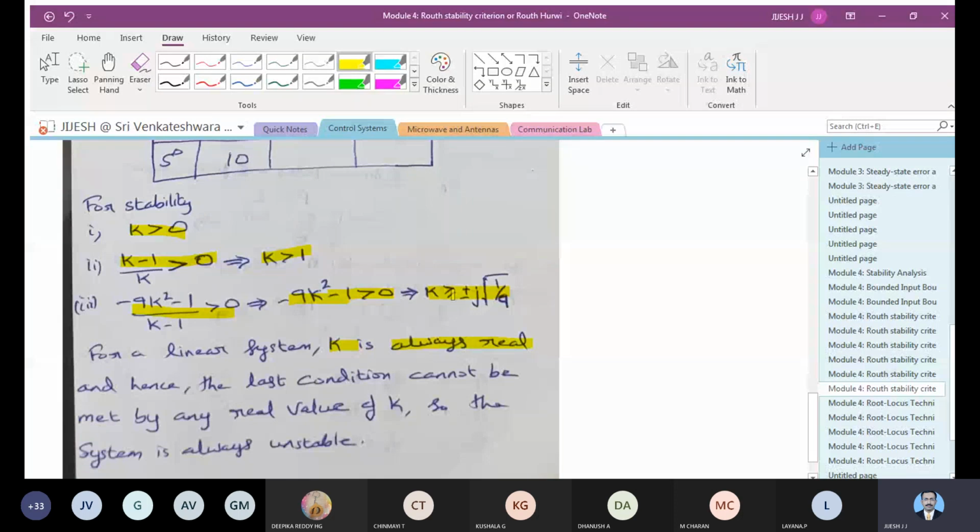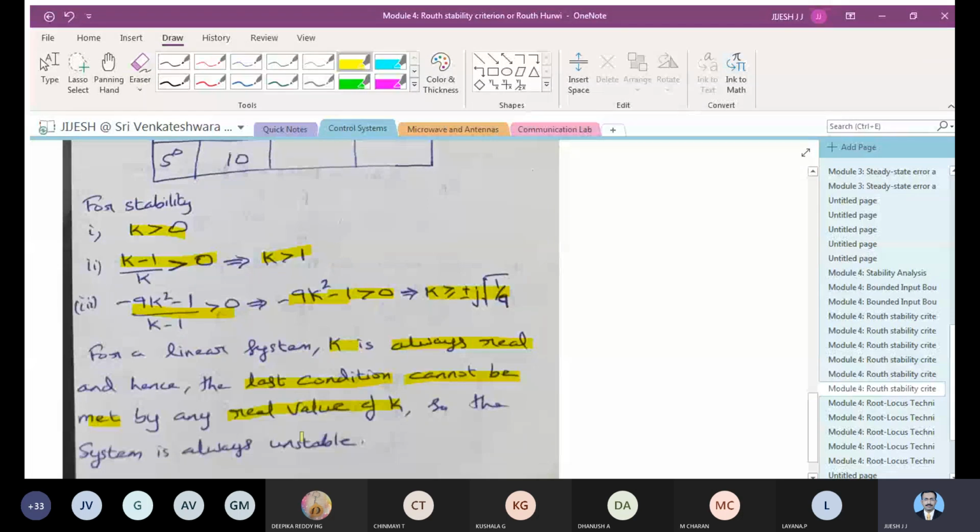These two cases have been satisfied properly, that is k greater than 0 and k greater than 1 have no problems because it is real and it is satisfying the condition of being a positive number. But here it is going to be an imaginary number and it cannot be a real number. So since k is always real, the last condition cannot be met. It is not possible because it is an imaginary value for any real value of k. So the system is unstable.